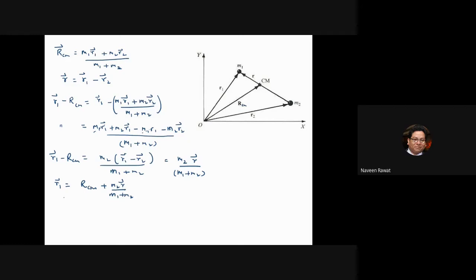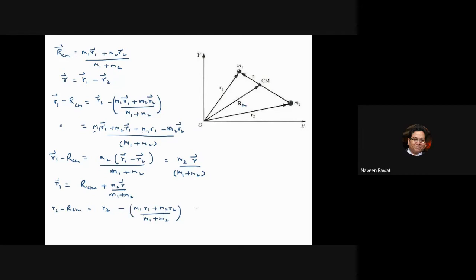Okay. Similarly, I can do the second one, which is r2 minus r of center of mass. Okay. So only thing is here in the first expression, I will get r2 minus m1 r1 plus m2 r2 divided by m1 plus m2. Okay.